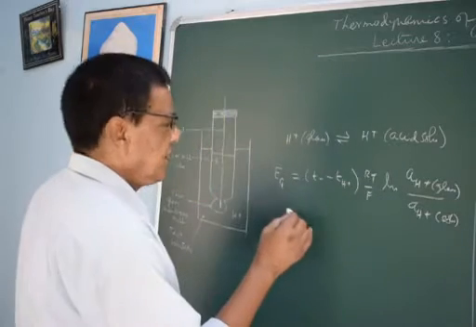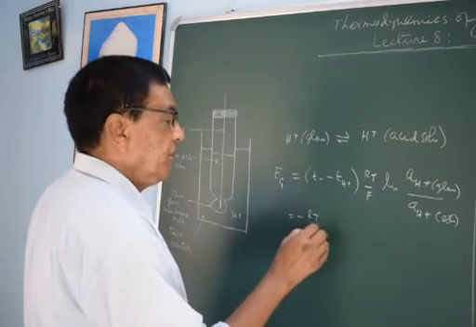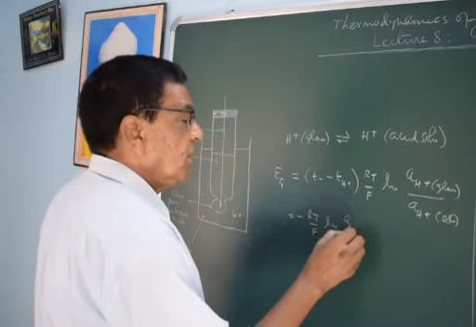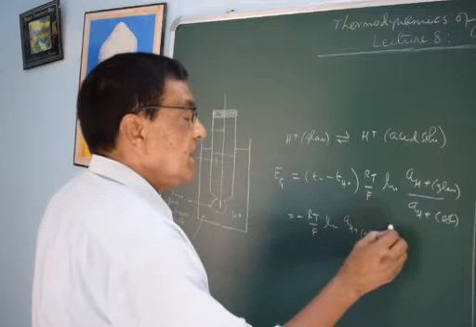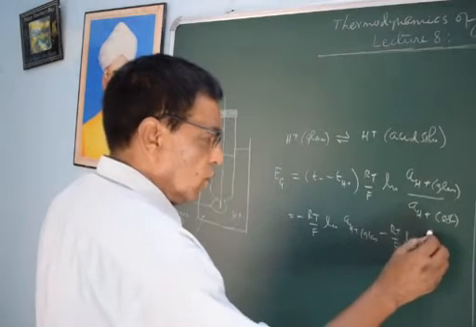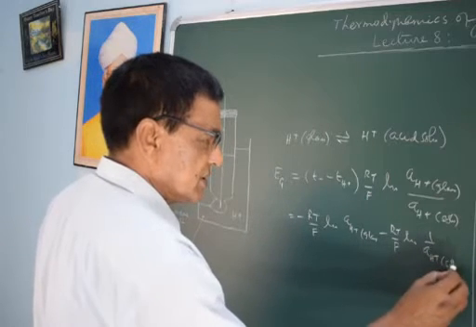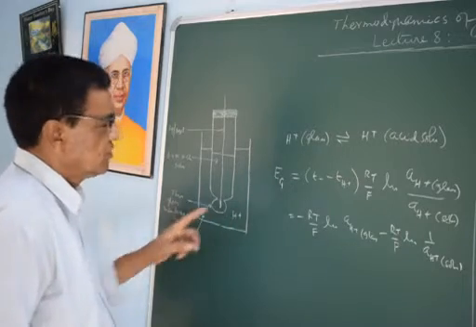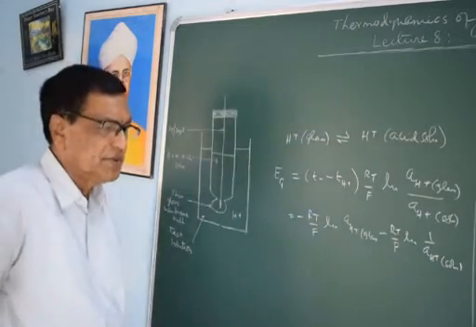So this can be written as minus RT by F ln activity of hydrogen ion in glass minus RT by F ln 1 by activity of hydrogen ion in solution. This one is the concentration of this outer solution, whose pH is to be determined, or whose activity of hydrogen ion is to be determined.